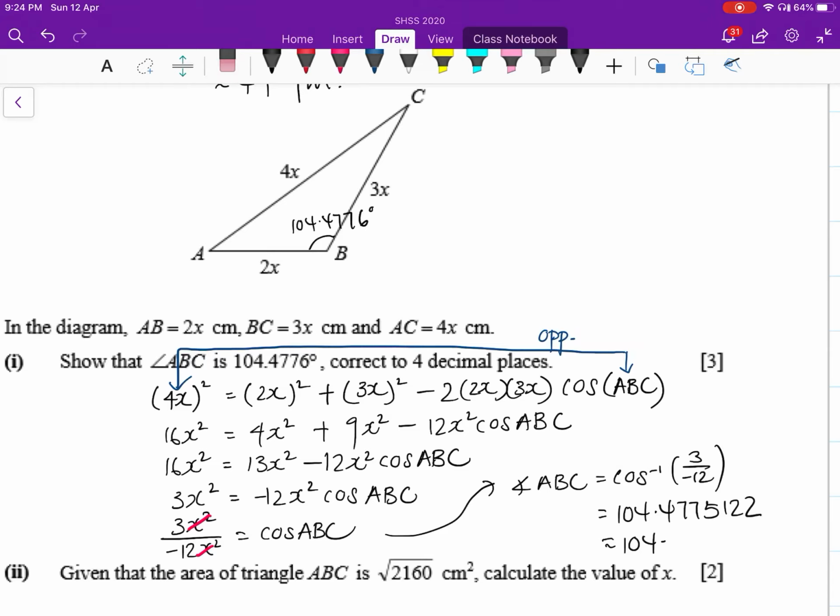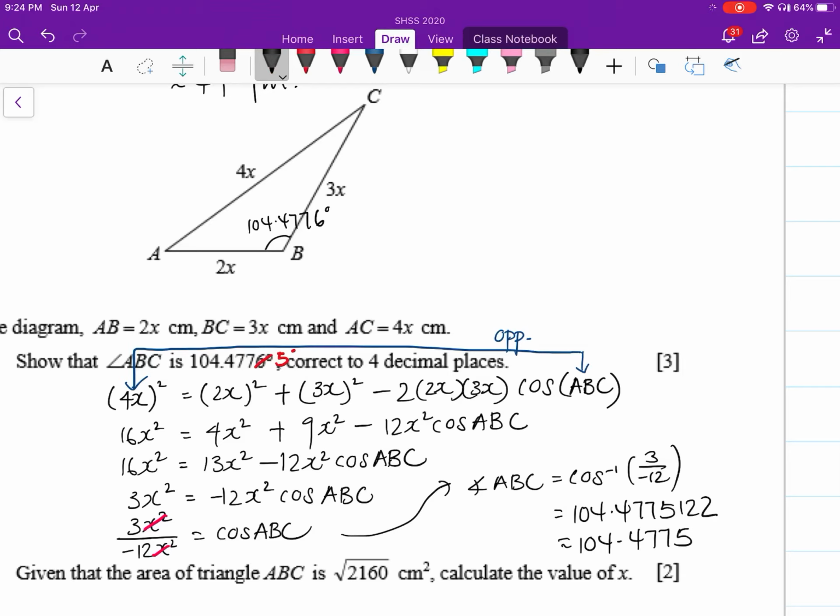I think there's a mistake in the accuracy of this question. I think it's 104.4775 instead of 6. Can you change the question to 5? Correct to 4 decimal places. This is 4 decimal places.